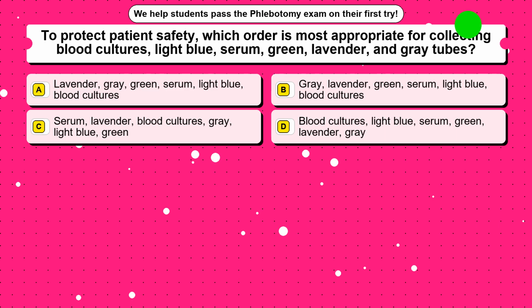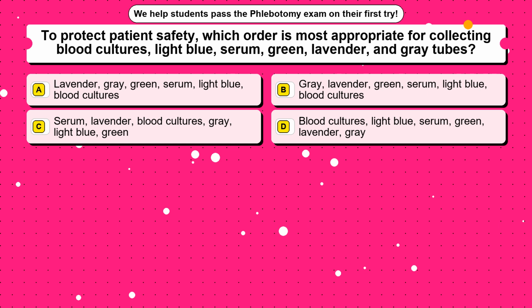Question 52. To protect patient safety, which order is most appropriate for collecting blood cultures, light blue, serum, green, lavender, and gray tubes? Option A, lavender, gray, green, serum, light blue, blood cultures. Option B, gray, lavender, green, serum, light blue, blood cultures.